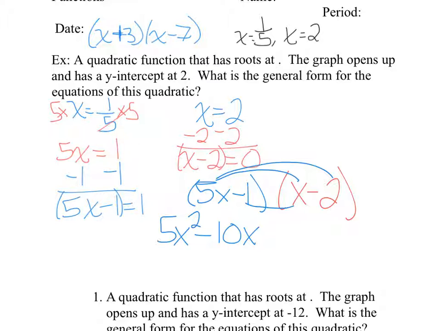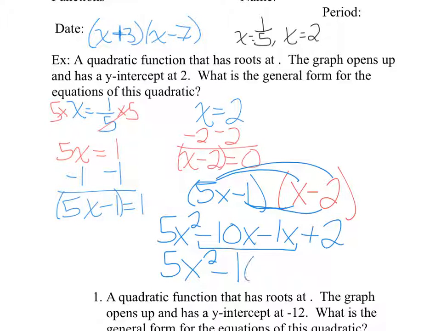Negative 1 times x gives us negative 1x. And negative 1 times negative 2 gives us a positive 2. And then we're going to combine our like terms here to get 5x squared minus 11x plus 2.